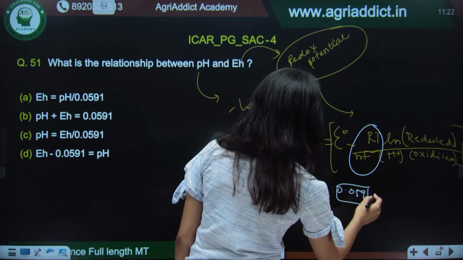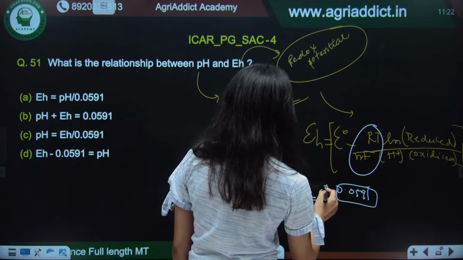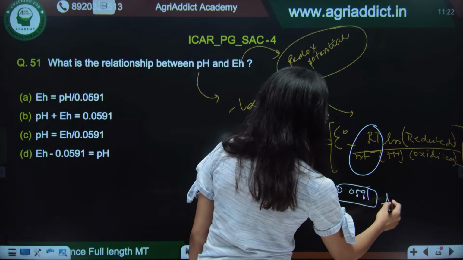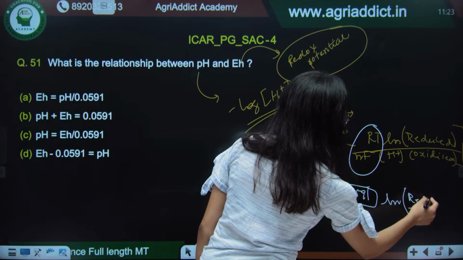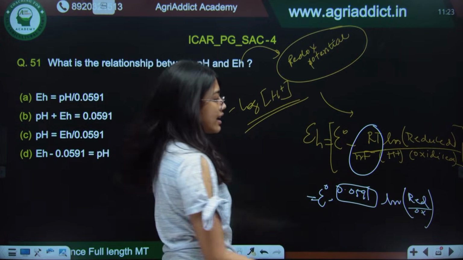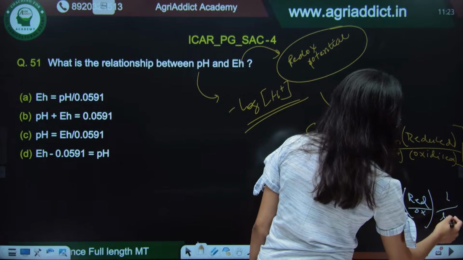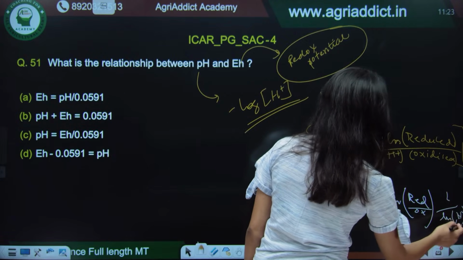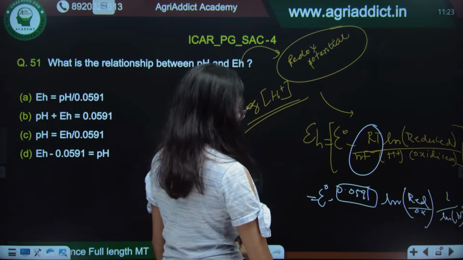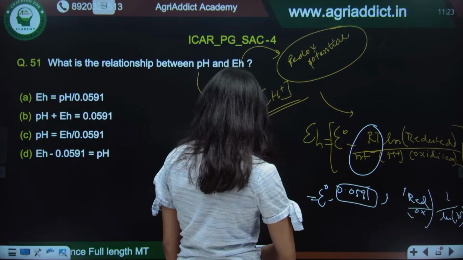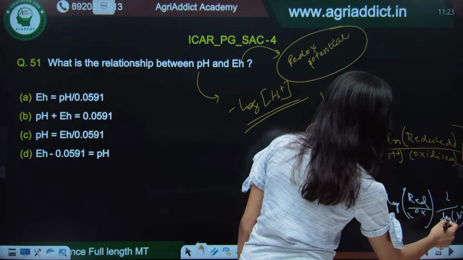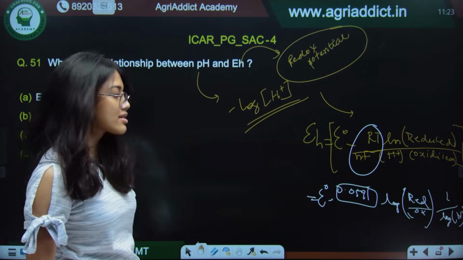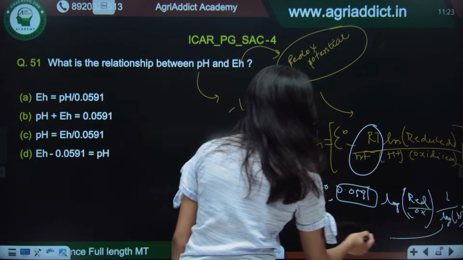There is E0, and ln of reduced by oxidized, and 1 by ln H is present. Whenever I write 0.059 it will not be ln, it will be log. 1 by log H plus is nothing but pH.